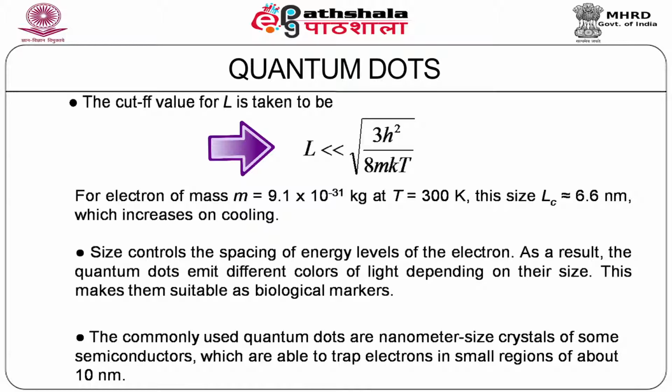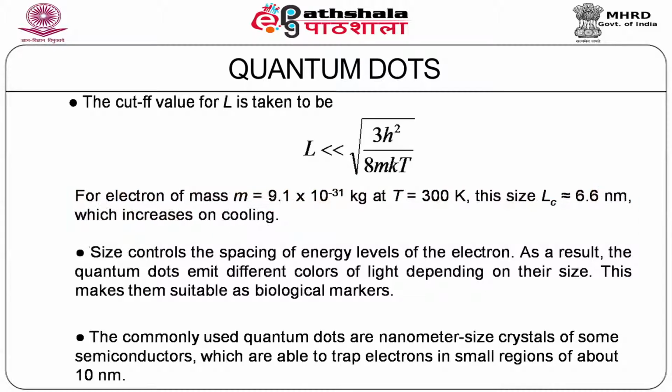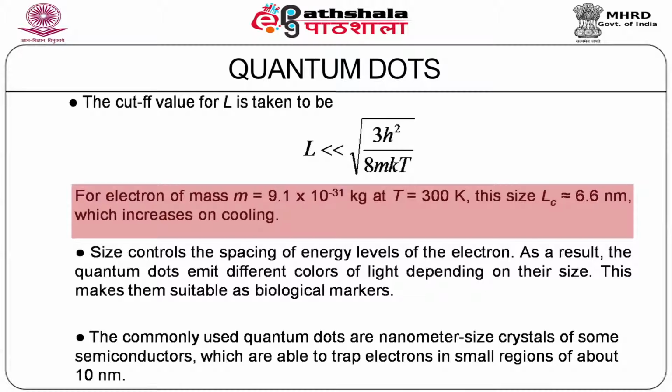Now, for the electron, if you put the mass equal to 9.1 times 10 to the power minus 31 kg, and if you put T equal to 300 Kelvin, then you can check by putting these values and the value of Planck's constant, and you find that this size L_C, that is the critical length or the cutoff value of the potential well, turns out to be about 6.5 nanometer. Of course, this value increases or decreases depending on the temperature, but at room temperature it turns out to be about 6.5 nanometer.